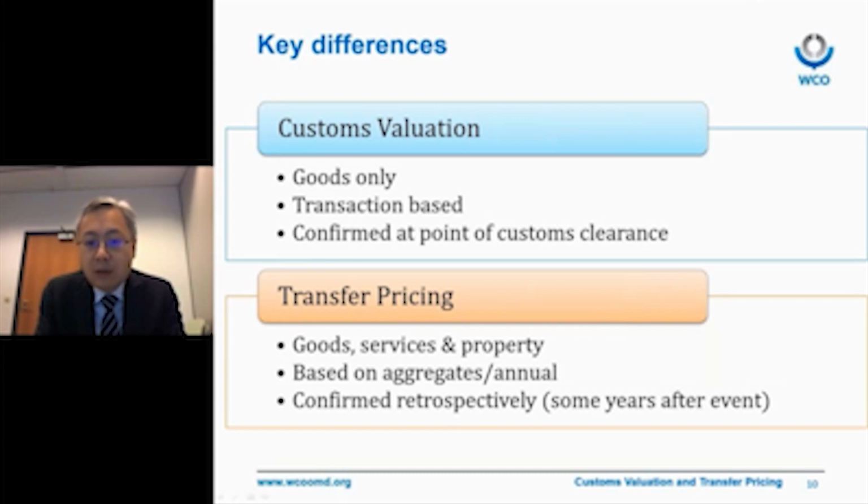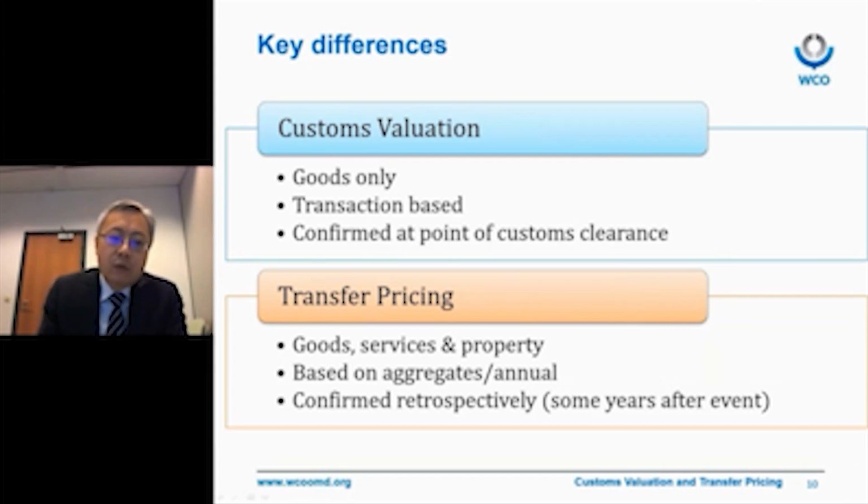And normally the customs value is settled at the point of importation. But for transfer pricing, it's different. Transfer pricing could cover the transaction of goods, services, and intellectual properties, and the transfer price could be adjusted from time to time in a financial year. So it's not necessary to set a price for each single transaction. So that is the difference between customs valuation and transfer pricing.